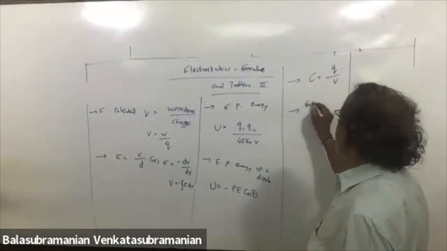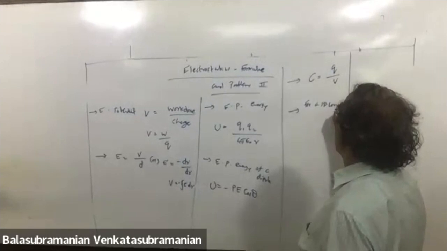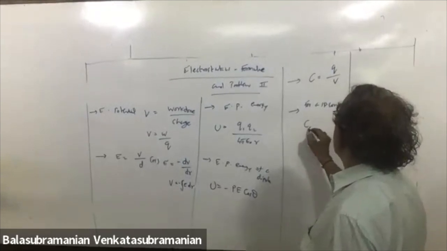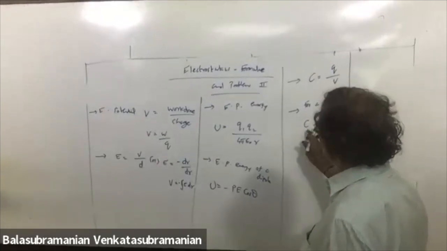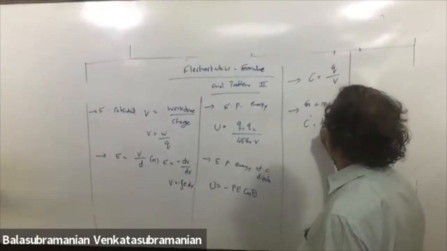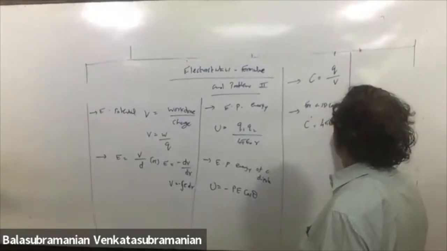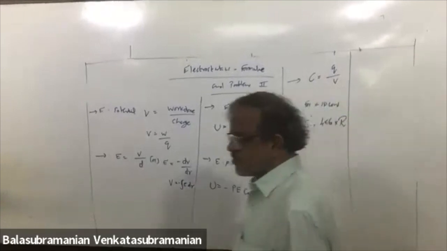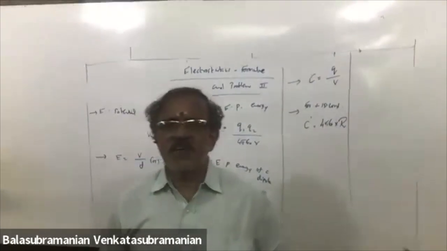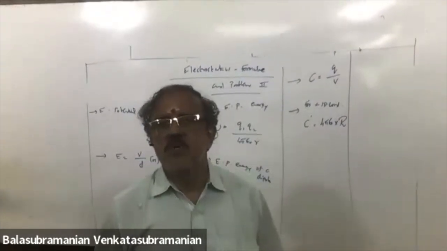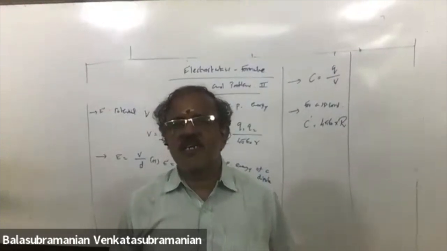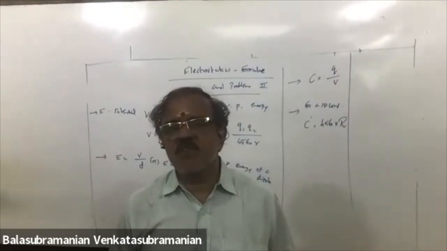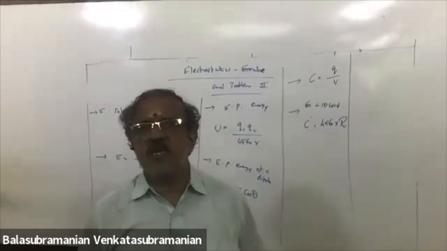For a spherical conductor, C is equal to 4 pi epsilon naught into capital R. We can derive this concept. For a spherical conductor, the capacitance of the conductor is given by the formula 4 pi epsilon naught into R.